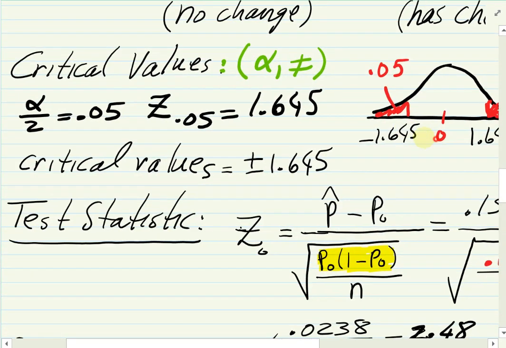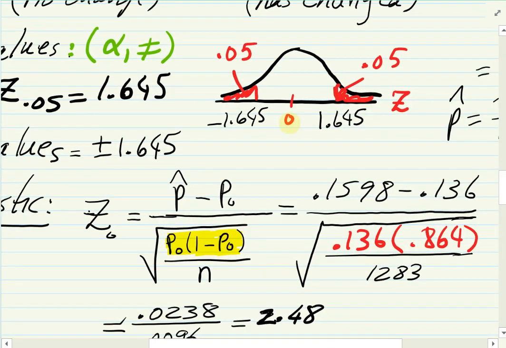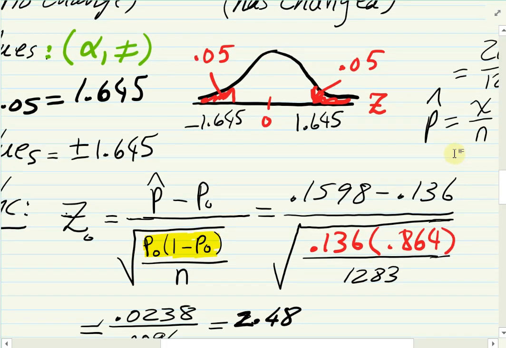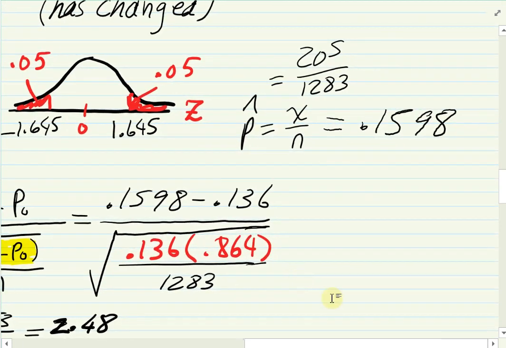And our test statistic, the formula that determines how far the sample percentage is from the hypothesized percentage, scaled in units of standard deviation. That's what the denominator is, a standard deviation. So p hat, that's the percentage from the sample. How did I get that, 0.1598? It's right up here.